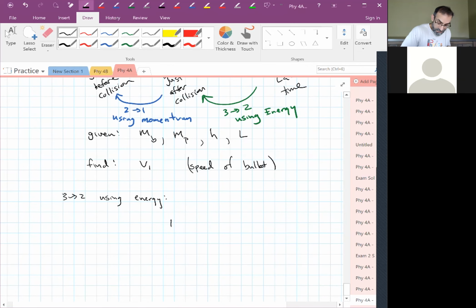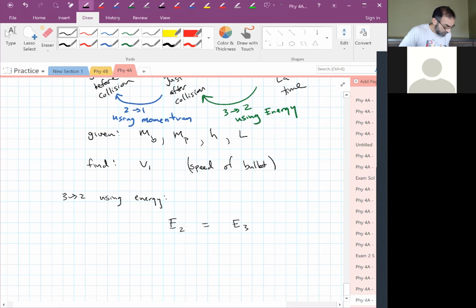So the energy at 2 has to equal the energy at 3. Because if we include the Earth in our system, we have no external forces. There's no friction. We're ignoring air resistance. So our mechanical energy at 2 has to equal our mechanical energy at 3.